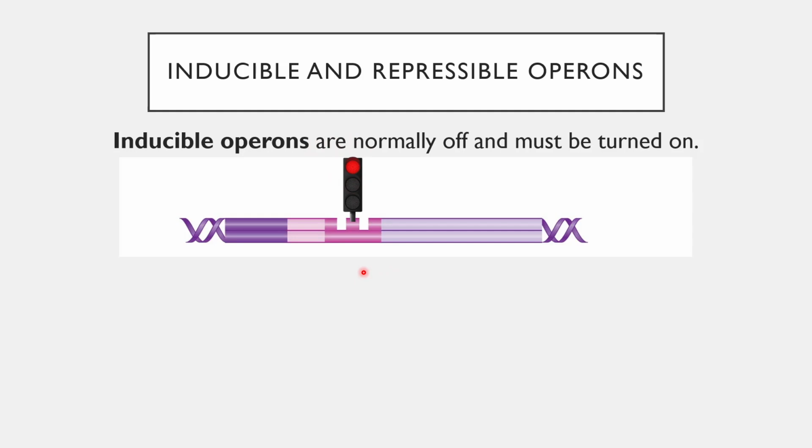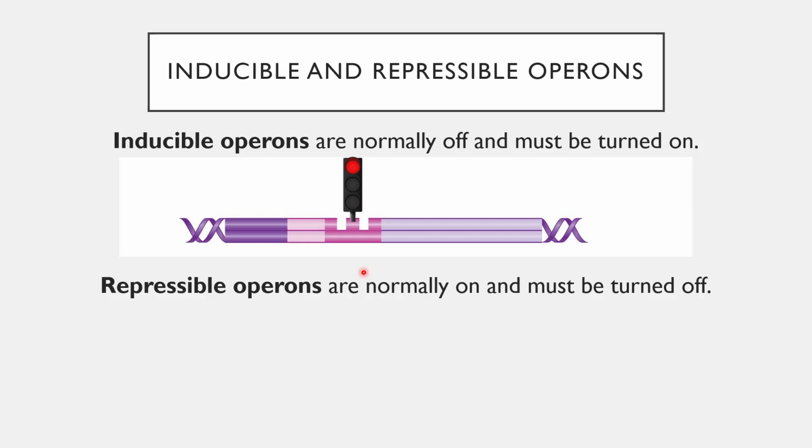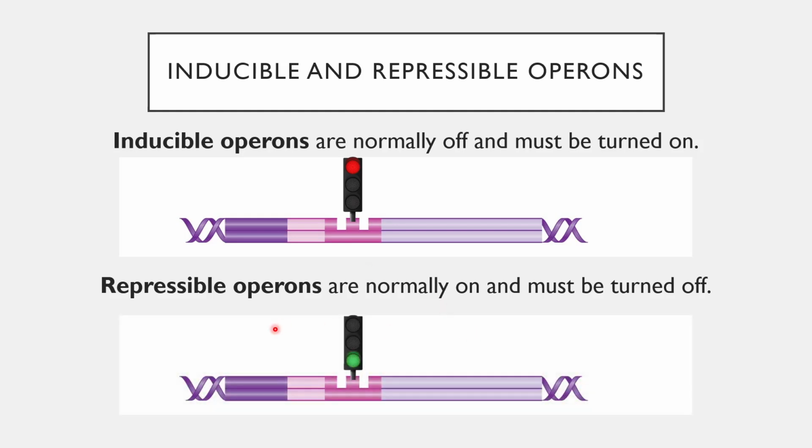The counterpart to the inducible operon is the repressible operon, and the repressible operon is normally on and has to be turned off. So the baseline state of the repressible operon is on, and something has to happen to the cell in order for it to be shut down.